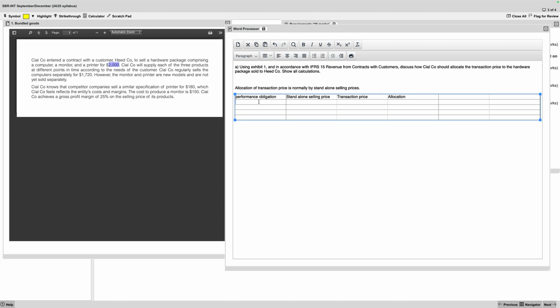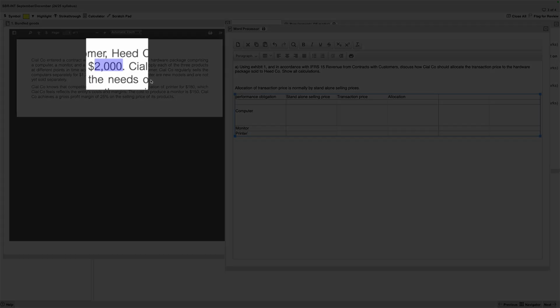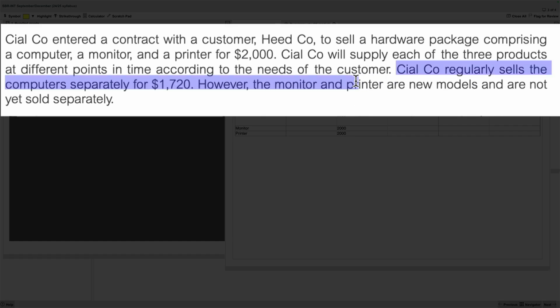So performance obligation, I've got 3. I've got a computer, a monitor, and a printer. And my transaction price for them all is up there at 2,000. Then my standalone selling price is what I'm looking for. Well, we regularly sell the computers for 1,720.